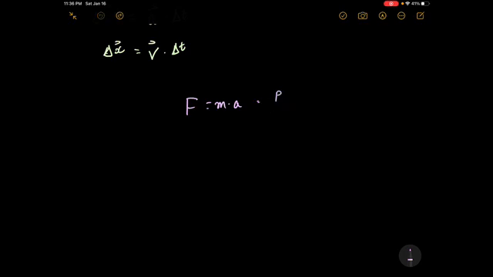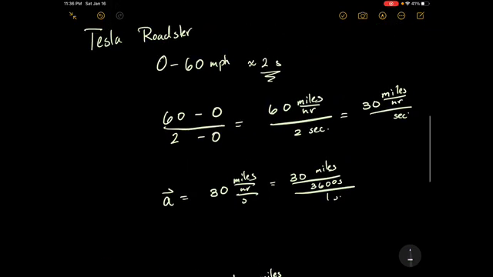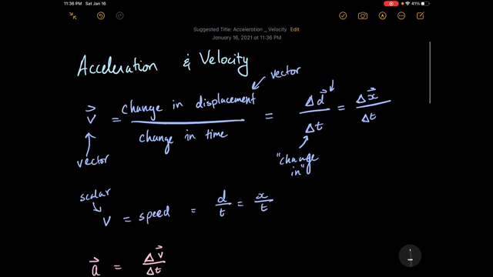We'll get to that later in a future video. But essentially, mass times acceleration, any movement is based off of acceleration, is based off of force, and acceleration and velocity is what you need to figure all that out.